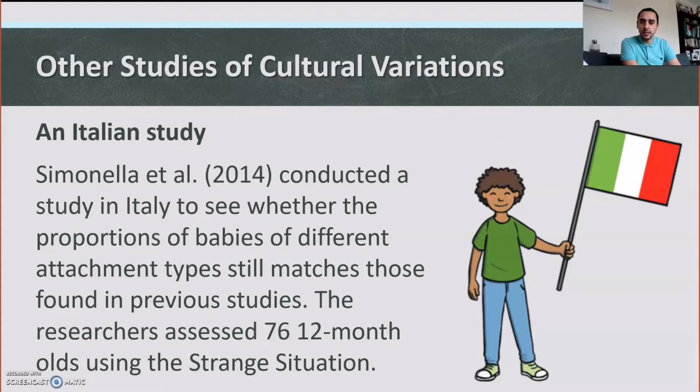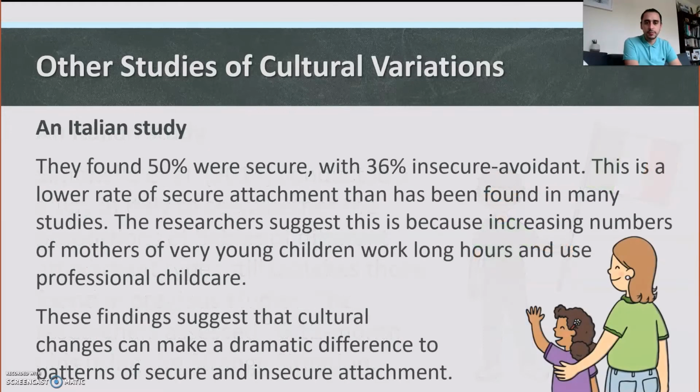We've got an Italian study. Simonella et al. conducted a study in Italy to see whether the proportions of babies of different attachment types still matched those found in previous studies. The researchers assessed 76 12-month-olds using the strange situation. They found 50% was secure, with 36% insecure avoidant.